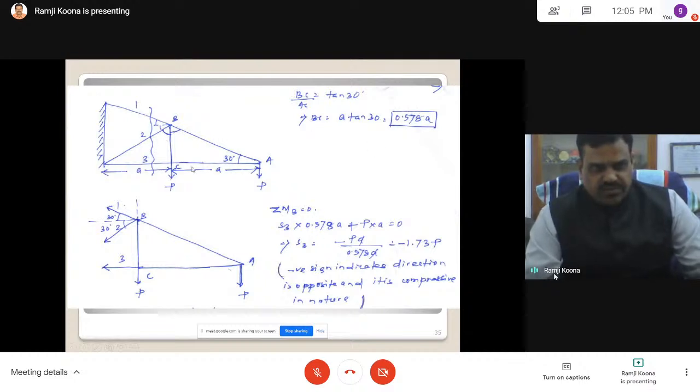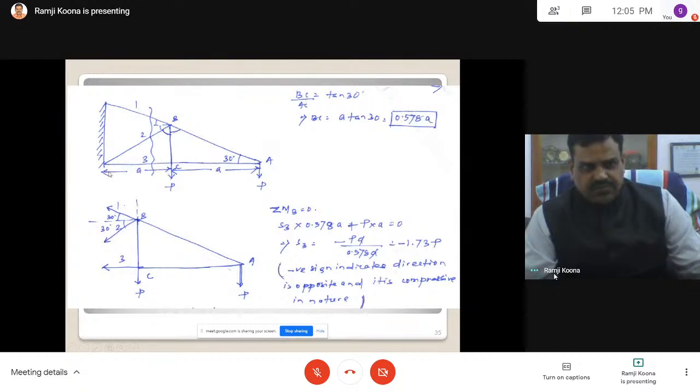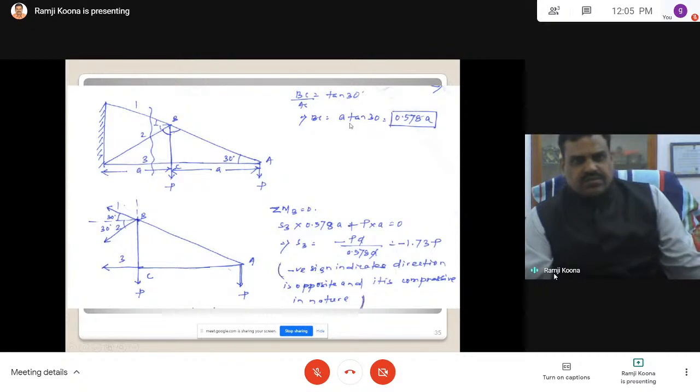From the triangle we got tan 30 equal to BC over DC. If this is 30, this is also 30. This is not A, this is D, let us say A, B, C, D. DC is A. So BC by DC, DC is A, tan 30, BC is equal to A times tan 30.